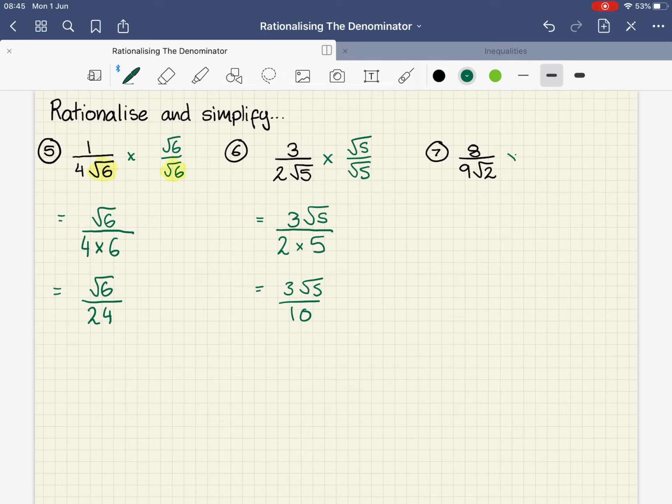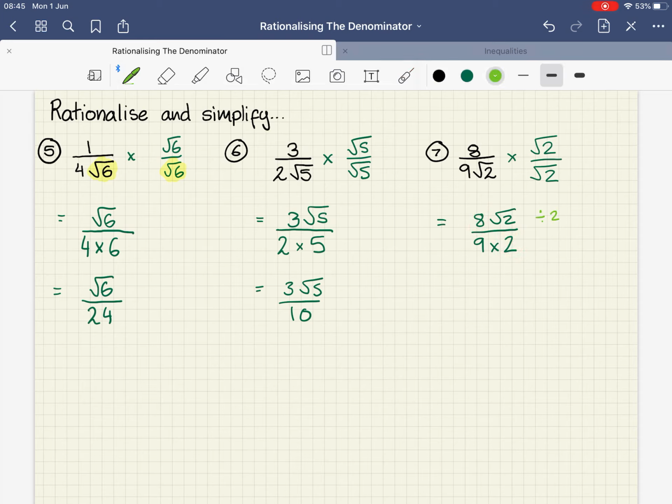And then last one, multiplying the top and the bottom by root 2. So now I'm going to have 8 root 2 over 9 times root 2 times root 2 is just going to be 2. Now, at this point here, I could multiply the 9 and the 2 together, but 8 and 2 are even numbers, so I can actually do a bit of my simplification now.